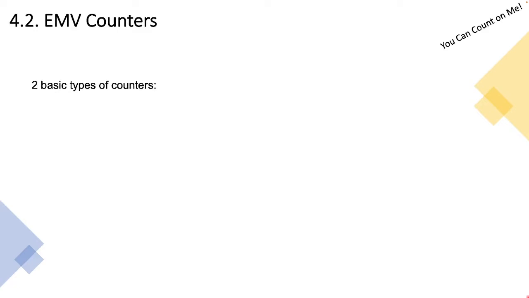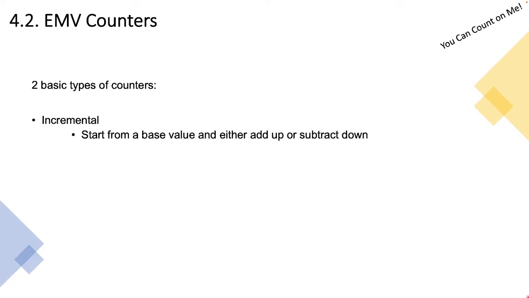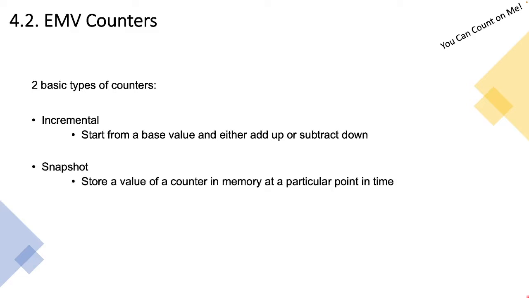So there are two basic types of counters. Okay, the first type is known as an incremental counter, which is fairly straightforward, right? You start from a base value and you either add upwards or you subtract down. And the second type of counter is what we refer to as a snapshot counter. And what this means is that the card will store a value of a counter in memory at a particular point in time.